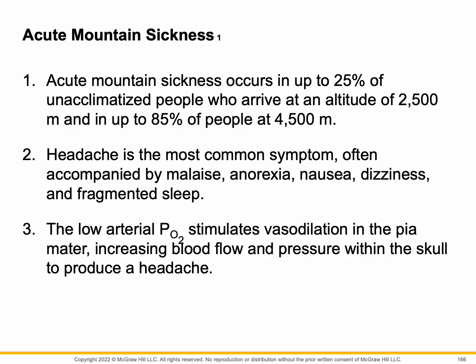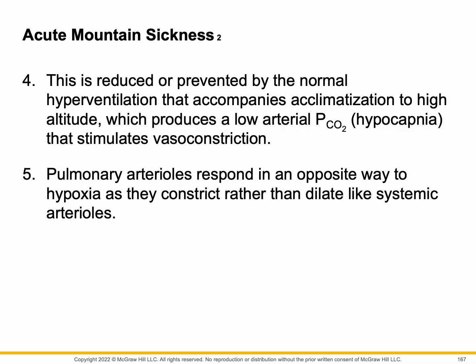The low arterial pressure of oxygen stimulates vasodilation in the pia mater, increasing the blood flow and the pressure within the skull, and that produces a headache. And this is reduced or prevented by the normal hyperventilation that accompanies acclimatization to high altitudes, which produces low arterial carbon dioxide levels that stimulate vasoconstriction. The pulmonary arterioles respond in an opposite way to hypoxia as they constrict rather than dilate like systemic arterioles.